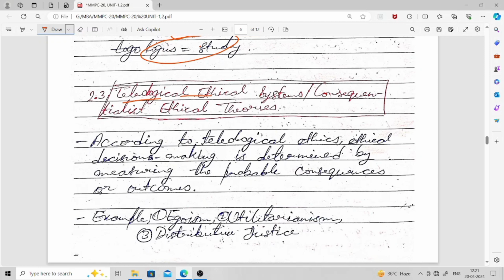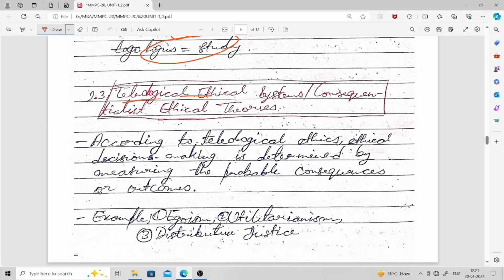What kind of consequences may come out will decide the teleological ethics, or you can say the ethical decision. So we can say that a particular decision is ethical on the basis of consequence.